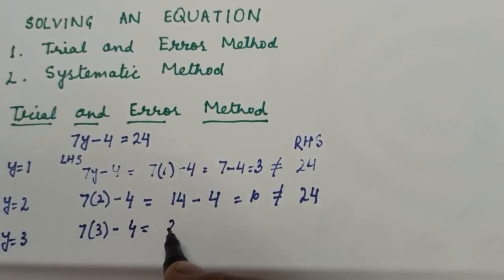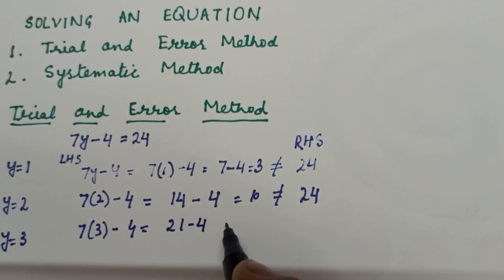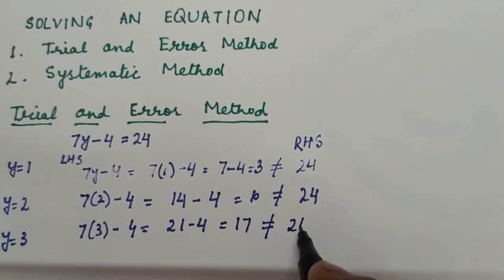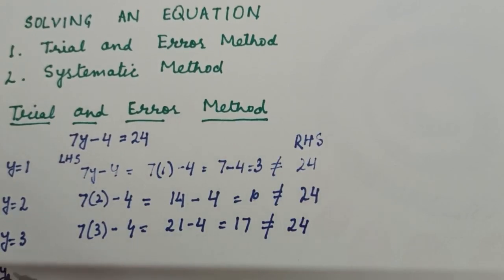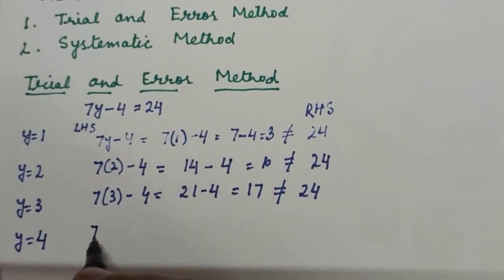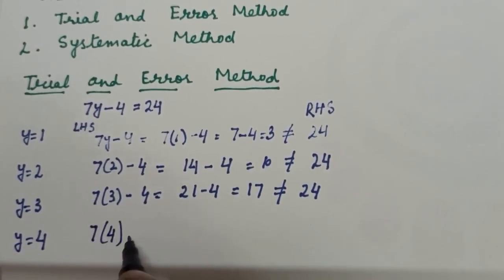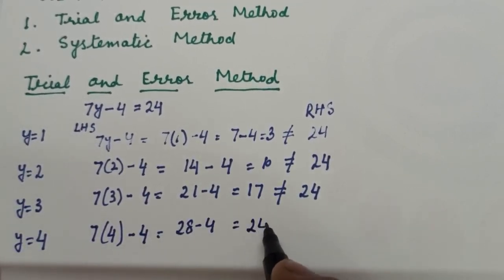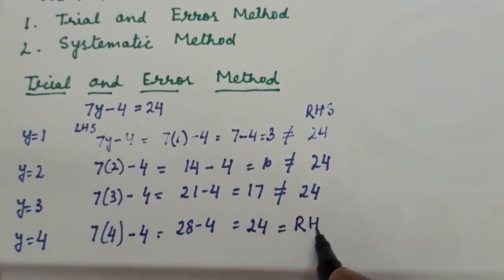Then we will put y is equal to 3. We get 21 minus 4, which is equal to 17. That is not equal to 24. Then we will try the next value, y is equal to 4. When we put y is equal to 4 in 7y minus 4, that is 28 minus 4, that is equal to 24. 24 is equal to our right hand side.